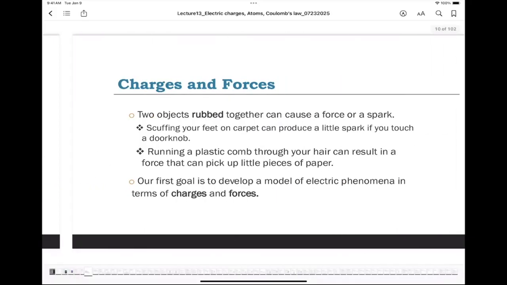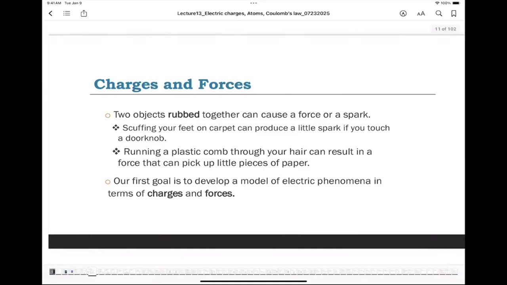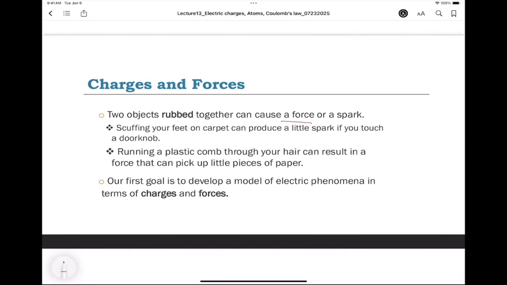Okay, let's continue. Two objects rubbed together can cause a force or a spark. In ancient times, people used two sticks to make fire, because if you rub two sticks it can cause a spark.